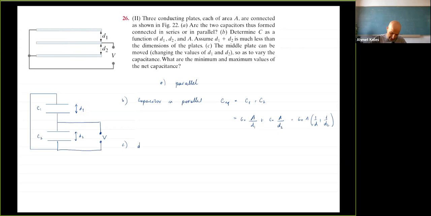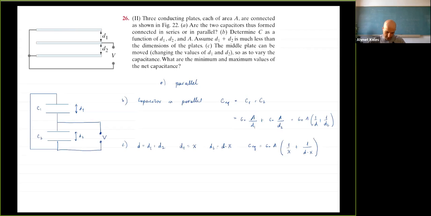Let's call D equal to D1 plus D2, and let's call D1 equal to X, then D2 is equal to D minus X, right? And now I can put this in our formula, then C equivalent is equal to, so not area, the first one is 1 over X, plus the second one is 1 over D minus X.